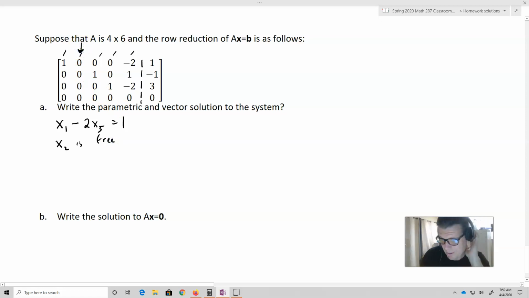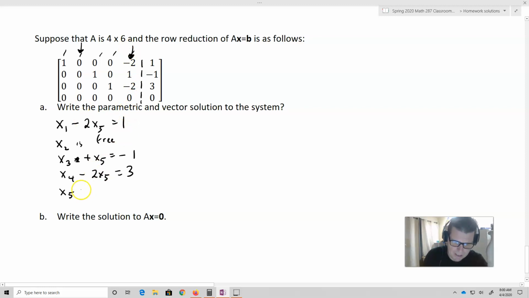Then x3 plus x5 equals negative 1. x4 minus 2x5 equals 3. And x5 is also free because it doesn't have a pivot. Anywhere we don't have a pivot, we end up with a free variable. There's no pivot in x2, so x2 is free, and there's no pivot in x5, so x5 is free.